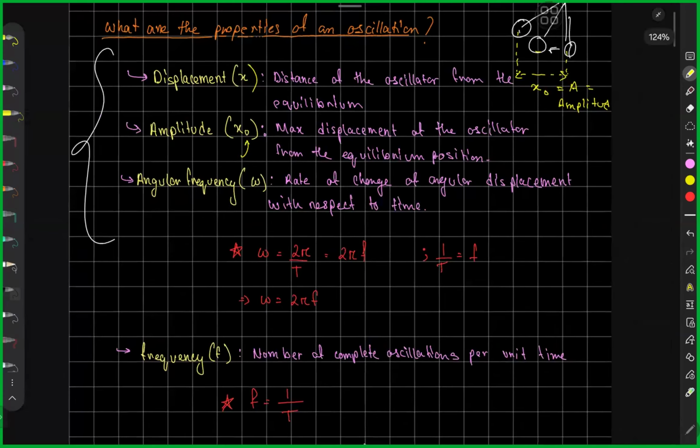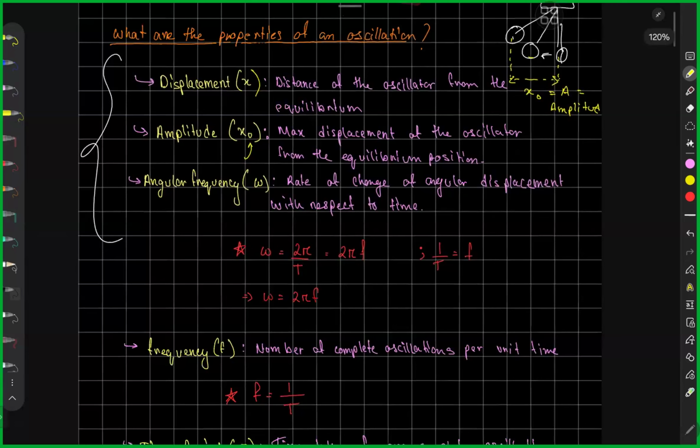Very simple. Now, what is angular frequency? Probably I covered this in the oscillation. Now, angular frequency in essence is the rate of change of angular displacement. So omega, remember from circular motion, where we were talking about how the angle changes with respect to time.